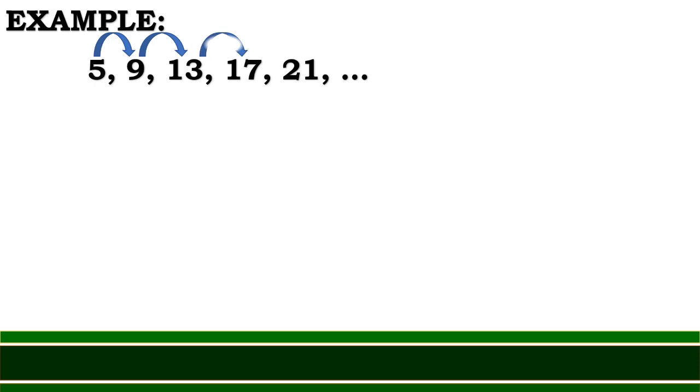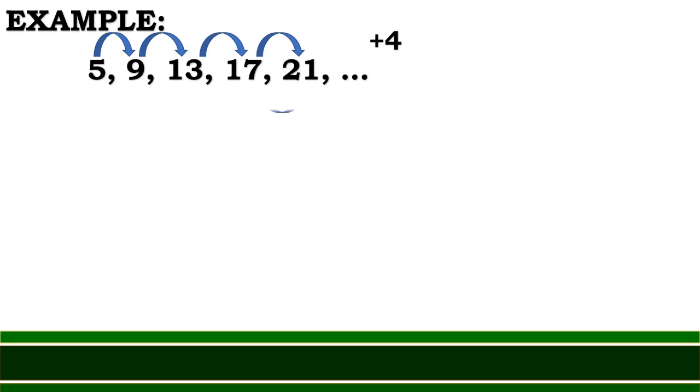Another example. Let's say we have here a sequence of 5, 9, 13, 17, and 21, so on and so forth. So again, let us try to check ano yung pattern ng bawat term. Okay? So as you can see, the pattern here is by adding 4 to its preceding term.